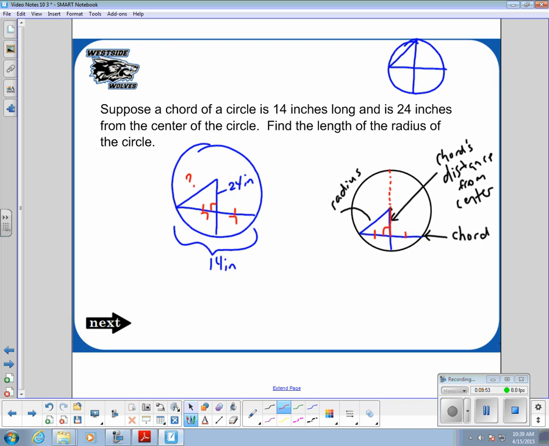If you know your Pythagorean triples, 7, 24, blank, because that's our hypotenuse. Therefore you should know that the radius will be 25 inches because of our Pythagorean triple. Or you can use the Pythagorean theorem: 7 squared plus 24 squared equals r squared instead of c squared. And there you have a problem.